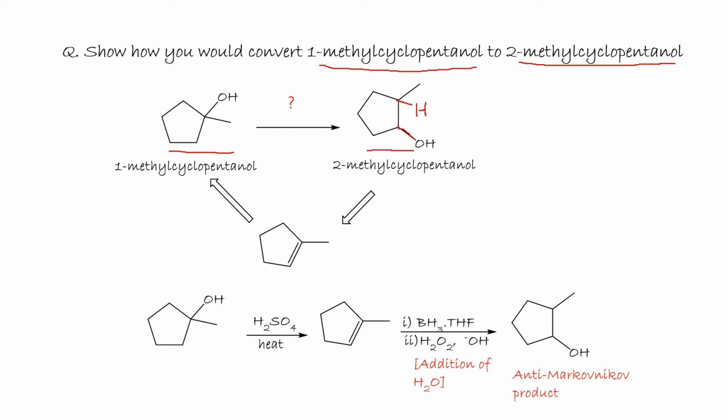So this could come from hydration of an alkene. And again, the alkene you can get from alcohol by dehydration. So if we start with 1-methylcyclopentanol heated in sulfuric acid, we get the alkene.